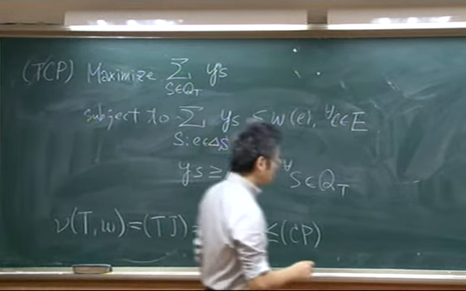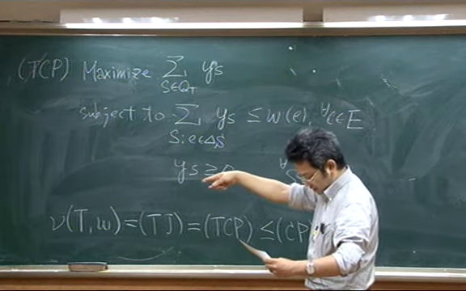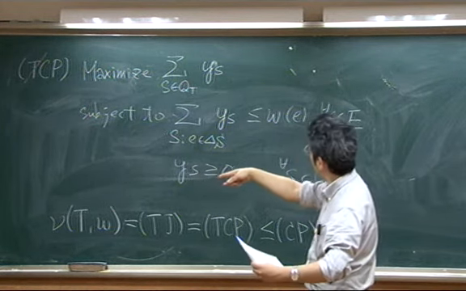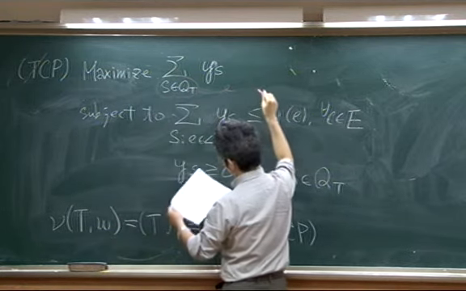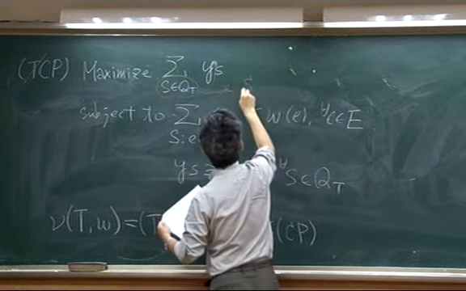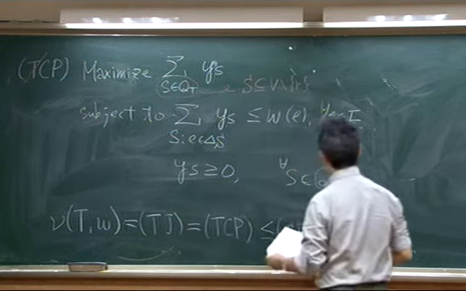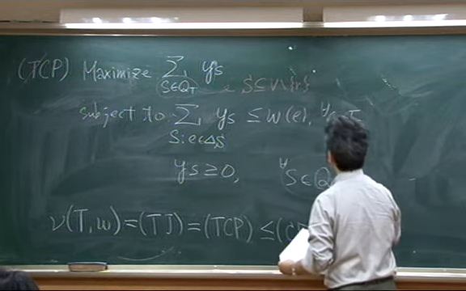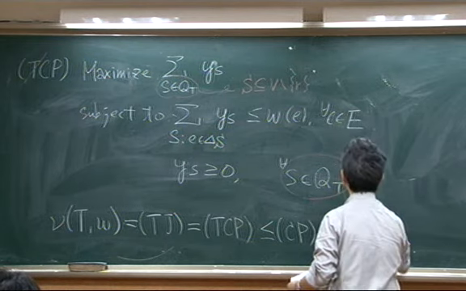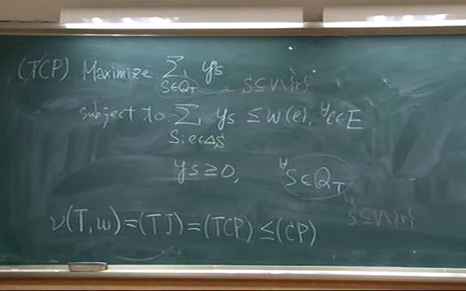To do that, all I have to do is just kill the T, and together with it, I have to change this to be just S, any subset excluding V, and change this to S to V excluding R. So that's it.